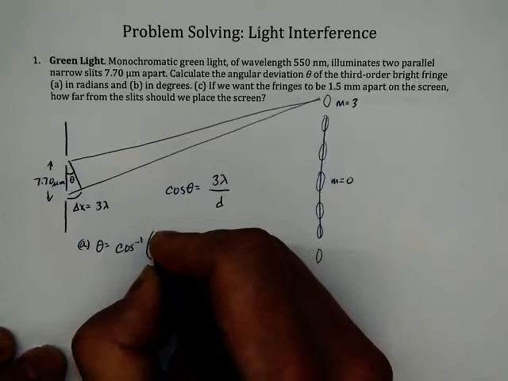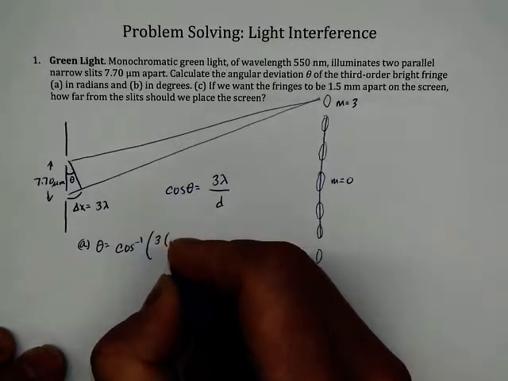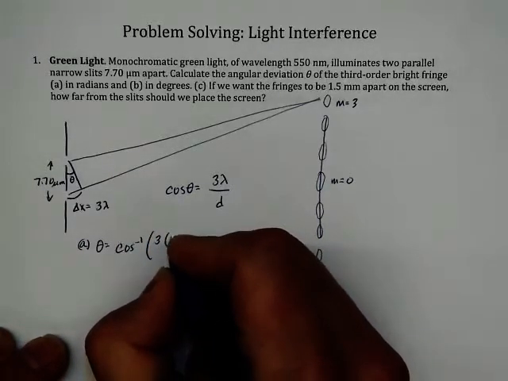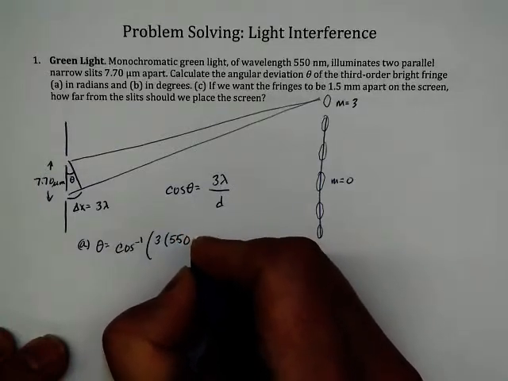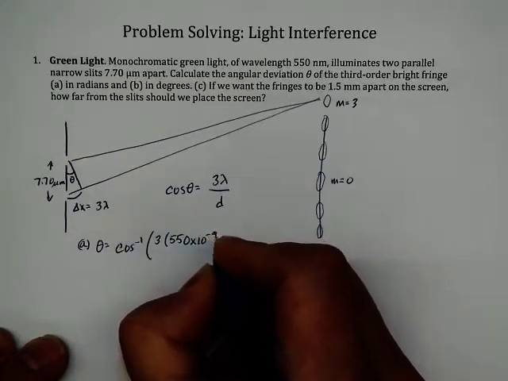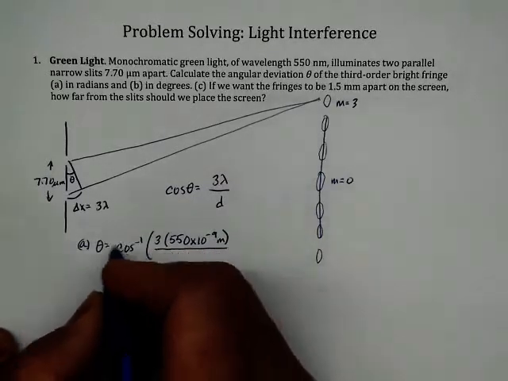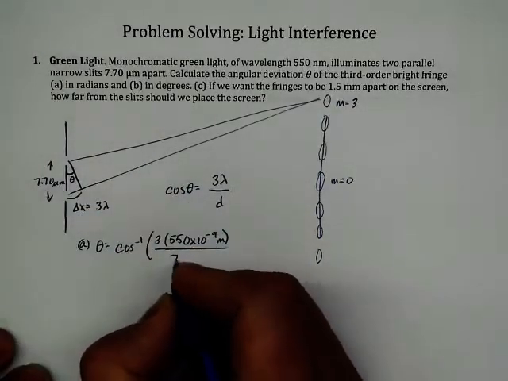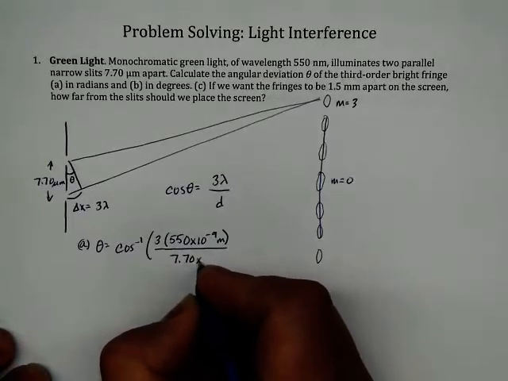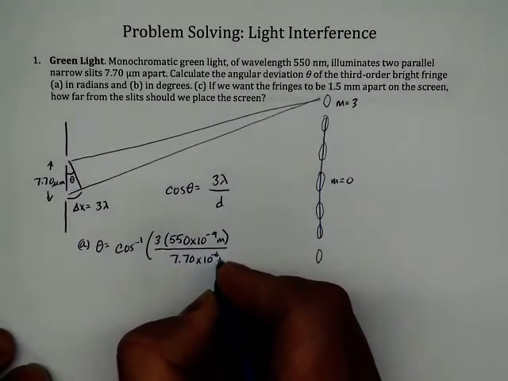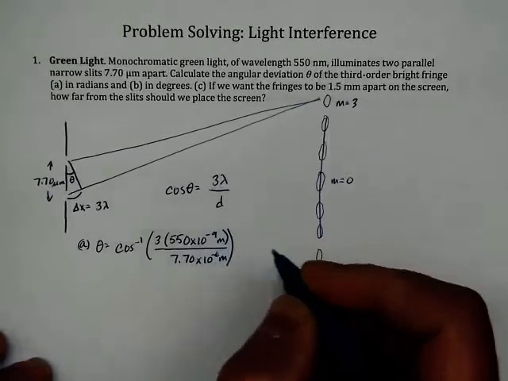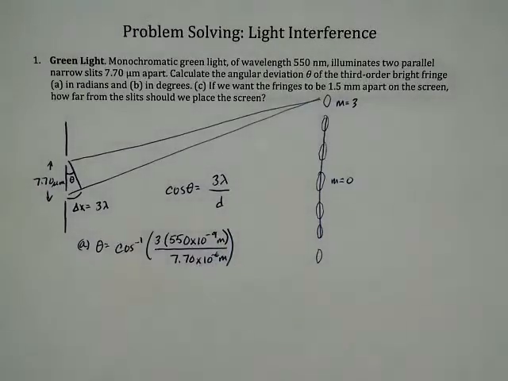So the inverse cosine of 3, the wavelength 550 nanometers, so 550 times 10 to the minus 9 meters, and then the distance between the two openings, 7.7 micrometers, so 7.7 times 10 to the minus 6 meters. And we want to calculate that out, making sure that we get our calculator in radians when we do this.